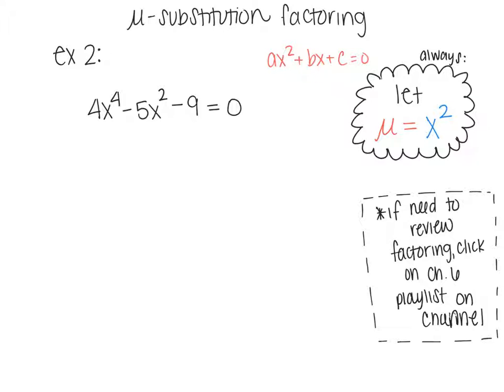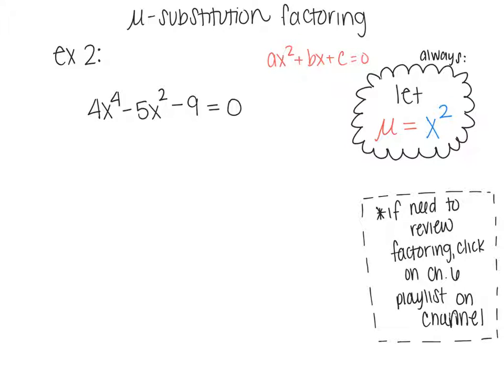So you are going to fill in x squared with a u. Now, right now, I only see 1x squared, but I can rewrite this 4. Let me erase all this.